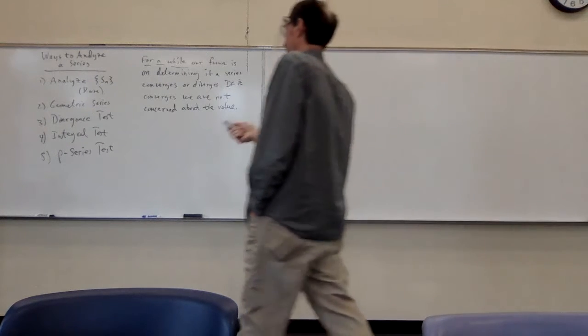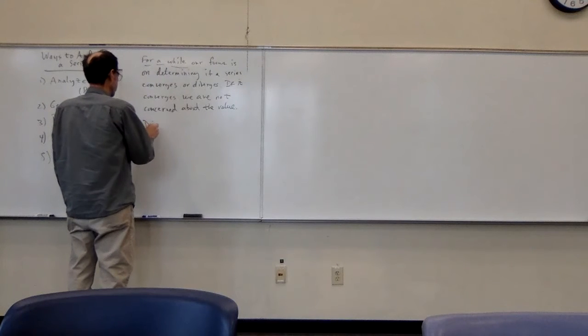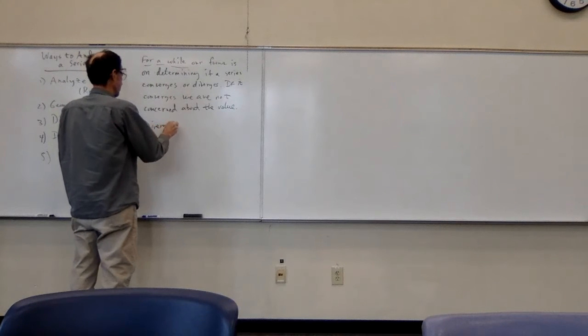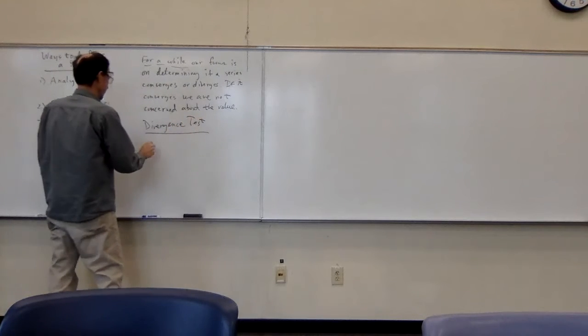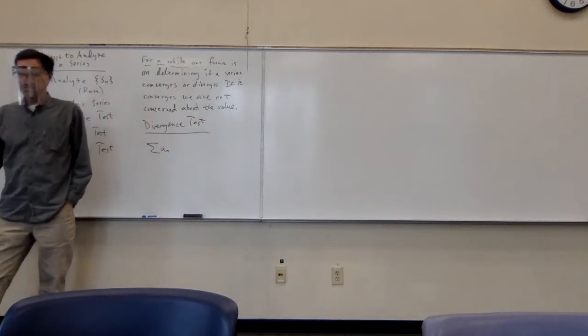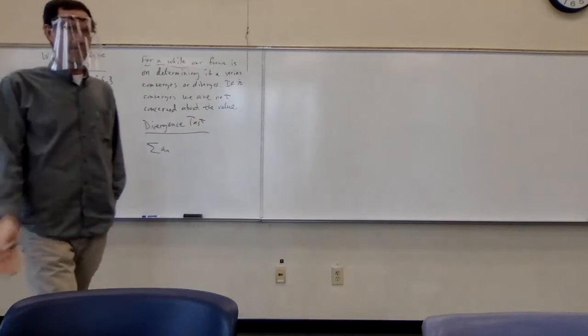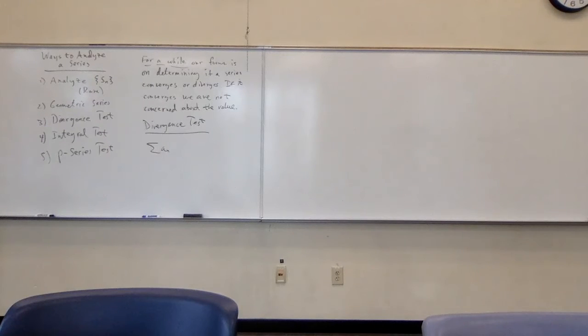All right, like I said, the first test I'm going to talk about is the divergence test. So I have a series, an infinite series. And I'm not going to write the index. I don't really care if it starts at 1 or 5 or 13. It's going to go to infinity. Of course, everything we talk about here is an infinite sum.